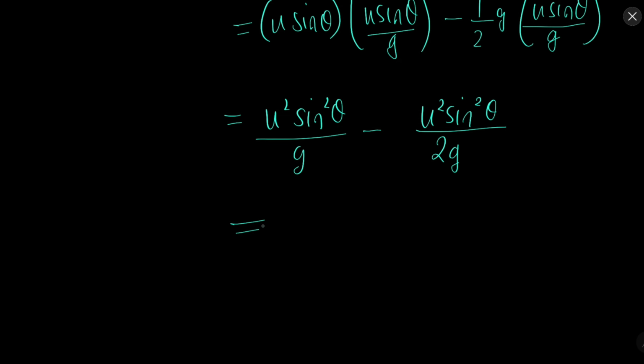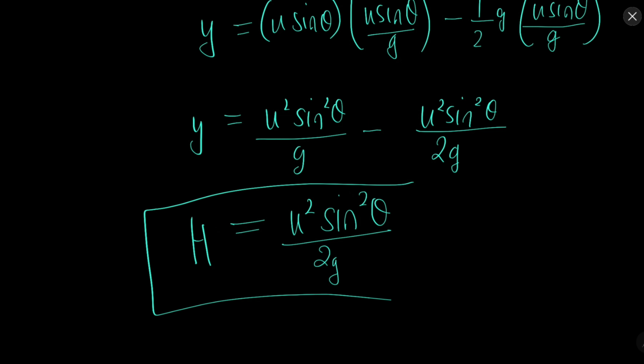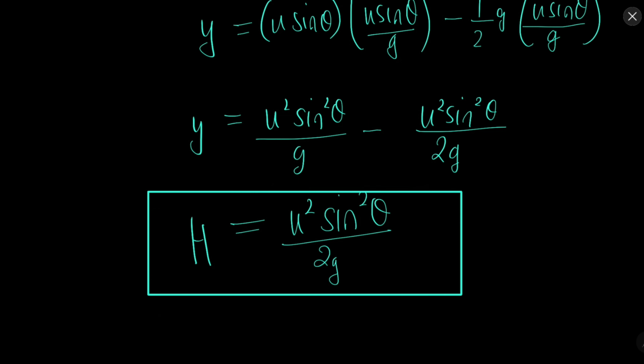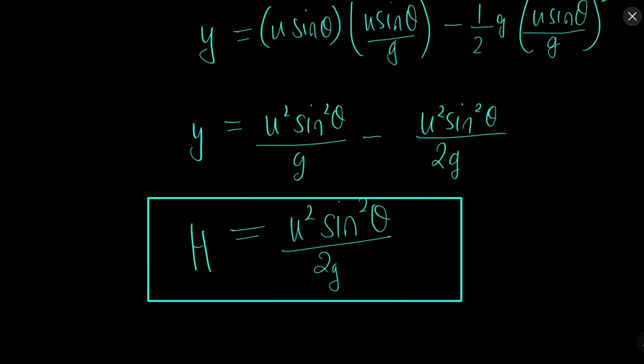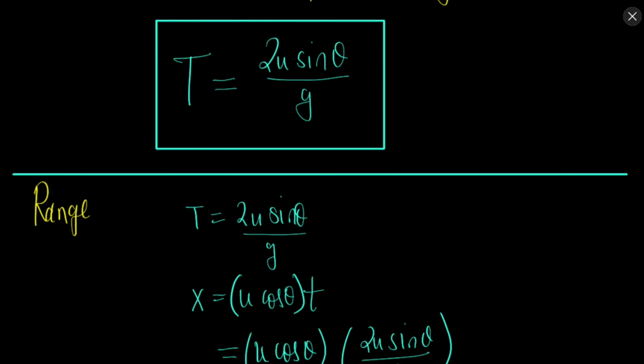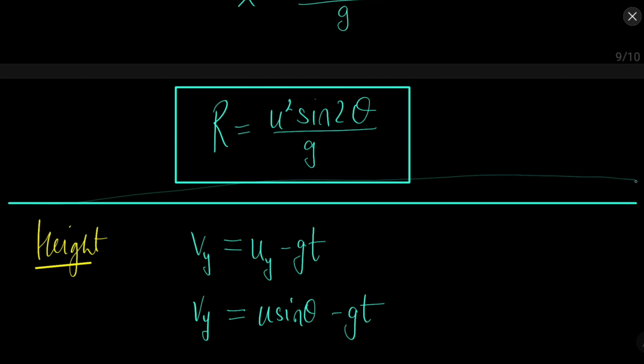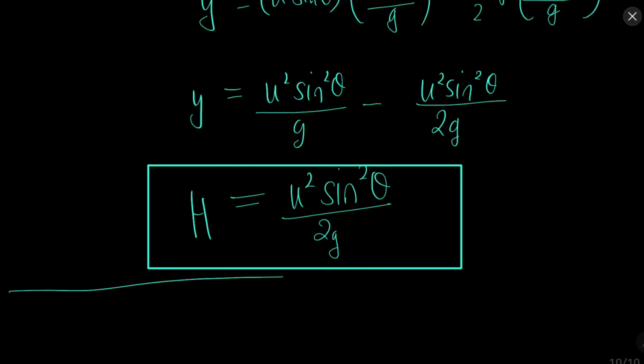After subtracting you will get u square sin square theta by 2g. So this is the maximum height. This is how you get the formulas for maximum height, range and time of flight of a projectile. Hopefully all these are clear, just a bit of geometry involved.